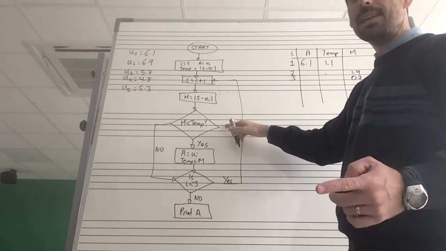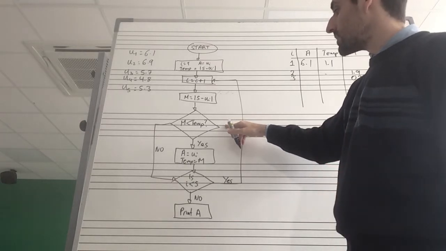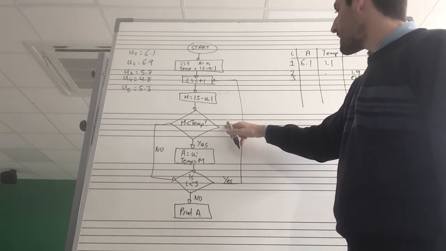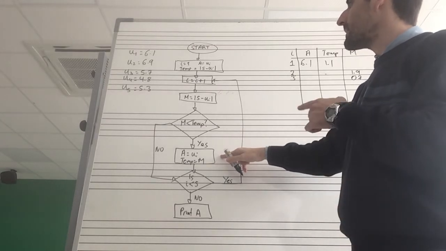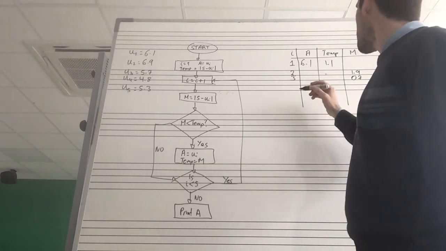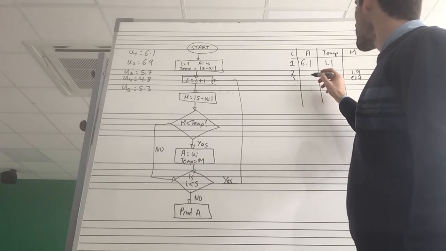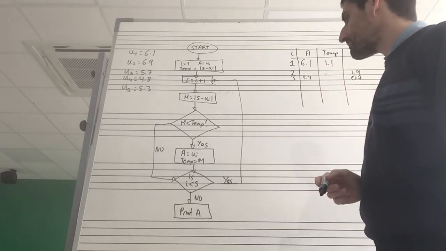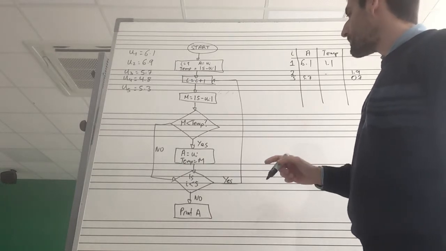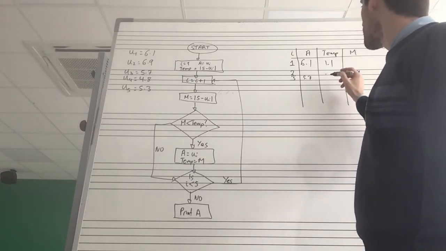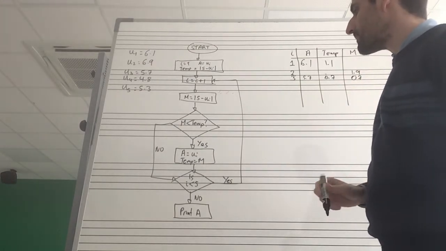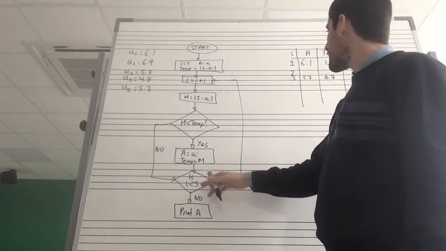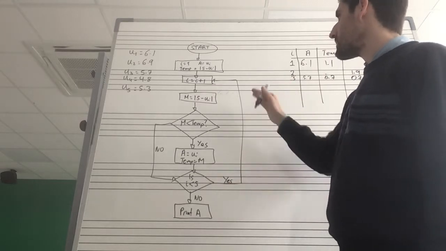The answer is yes, it is. So A becomes ui, so A becomes u3, so A is 5.7, and temp equals n, and n was 0.7. Is I less than 5? Yes, and we go back up.